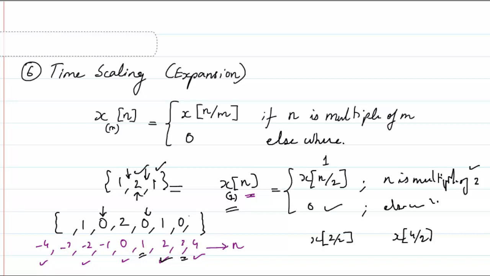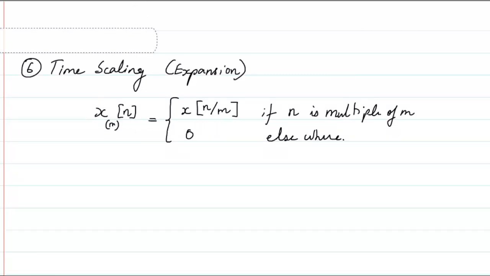But for writing that we use this equation. According to the time scaling property, if we have a function x of n scaled by m, then the DTFS of that will be x of k, but now divided by m, and here the periodicity will change.